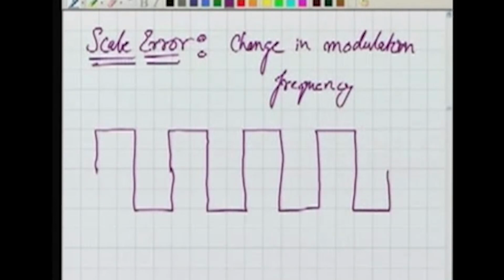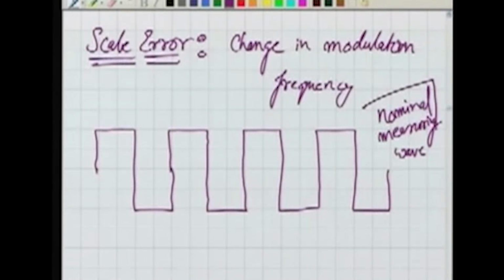So that's my carrier wave, oh sorry, this is my measuring wave. I am giving a term here, nominal measuring wave. Nominal measuring wave means something which the instrument knows. Instrument knows it is firing a lambda of 20 meter.